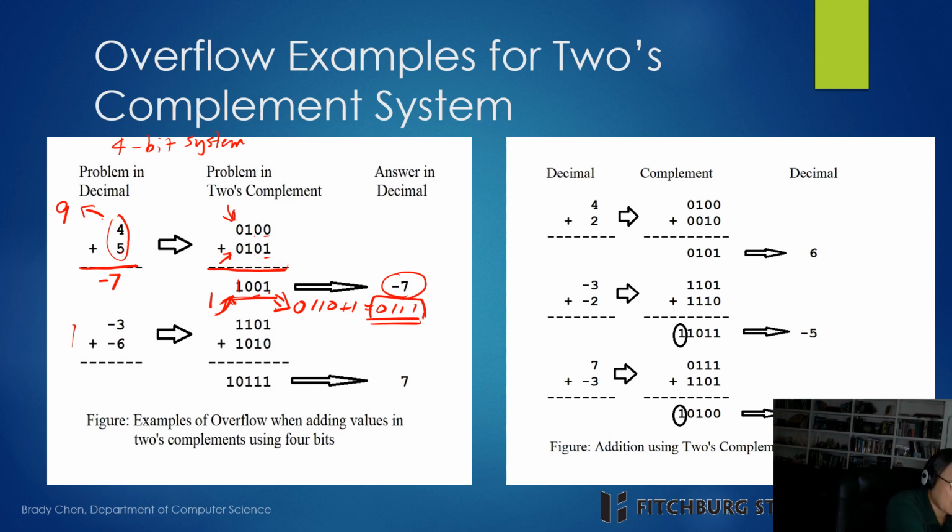So there's no way we can represent 9 in two's complement notation of a 4-bit system. So this actually results in an error. Okay, so you add two positive numbers and the result is negative. Now we know something happens. That's called overflow.